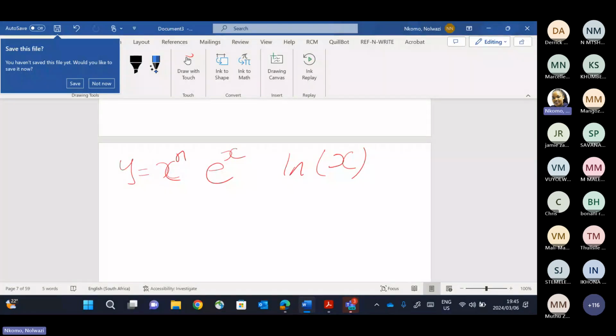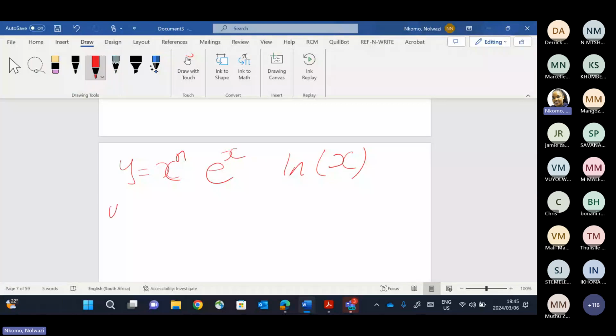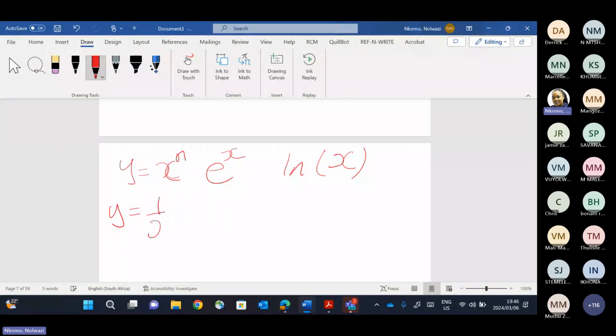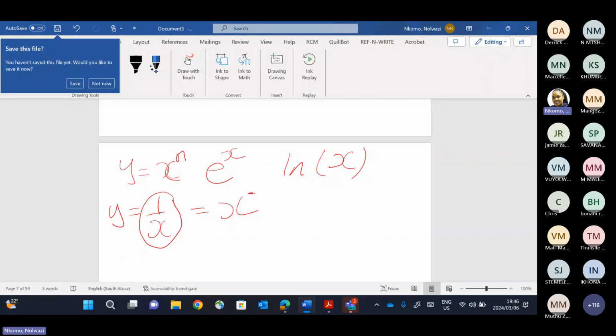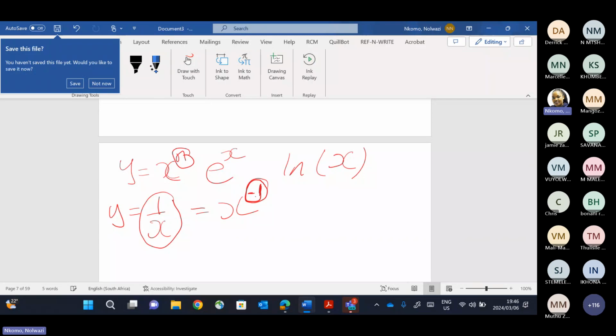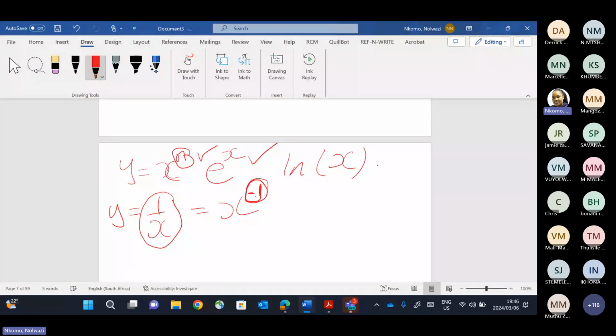You can put them like this, because if y is equal to 1 over x, you know that this is the same thing as x to the power minus 1. So that means your n is equal to minus 1. My point is you have a rule for finding this, this, this, and this, right?